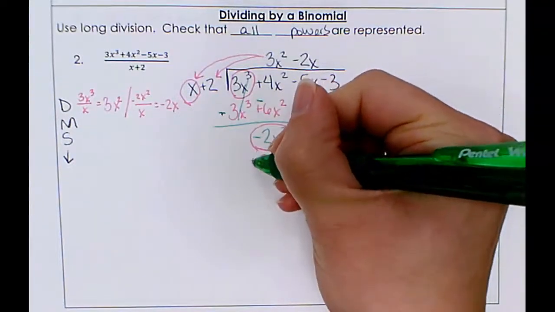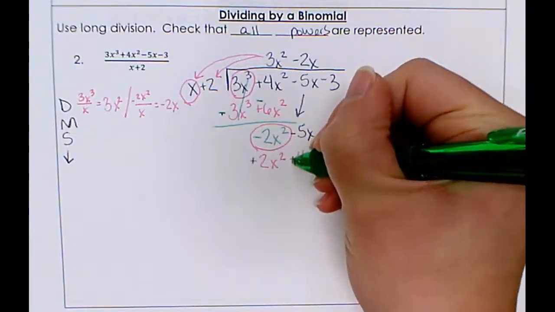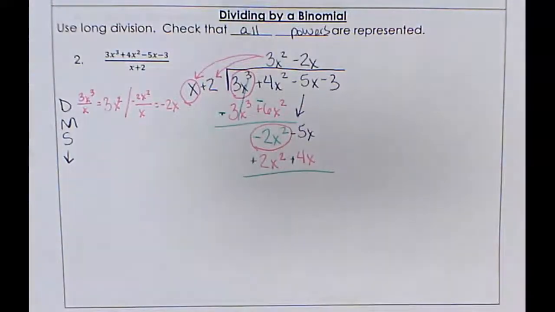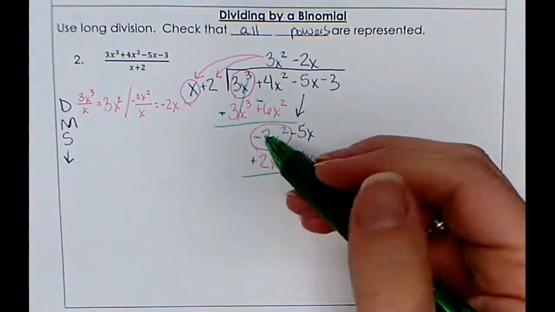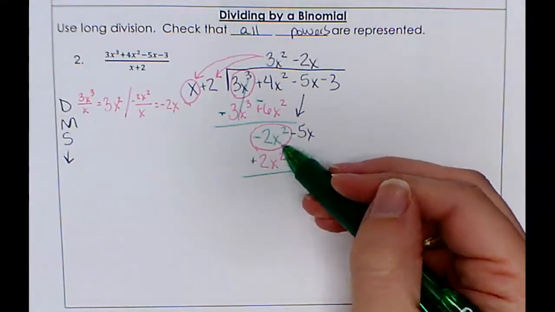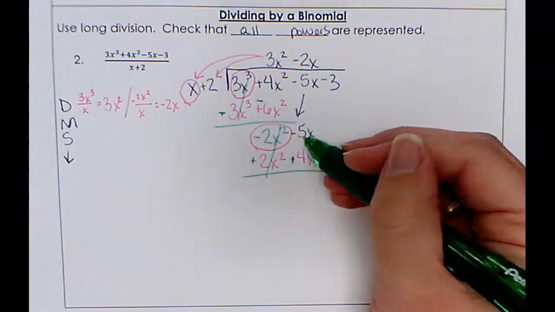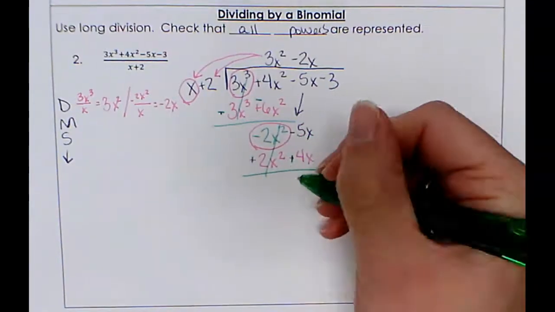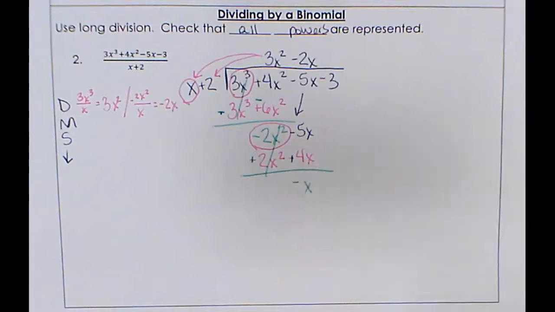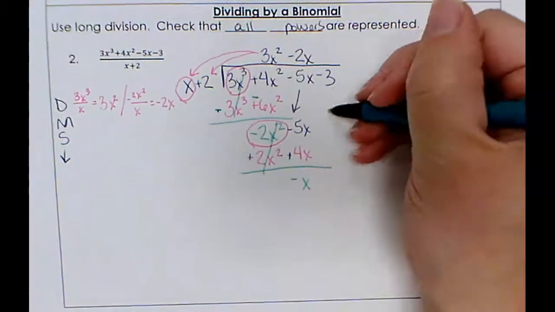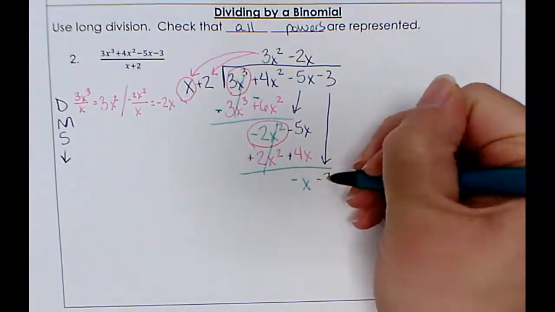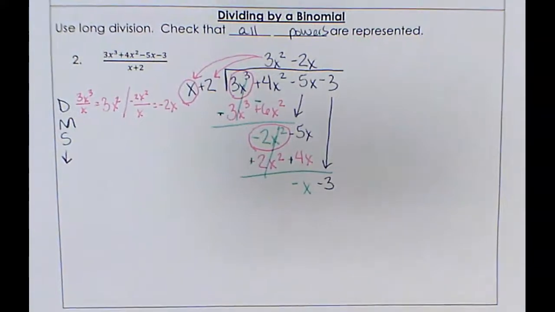Subtracting a negative becomes plus. Negative 2x squared plus 2x squared is 0. Negative 5x plus 4x is negative 1x. Bring down. And we're ready to start over again.